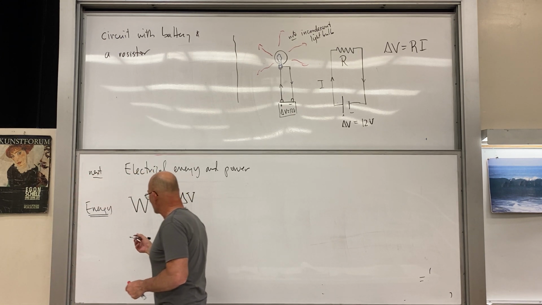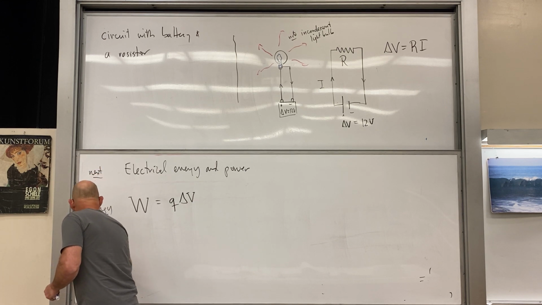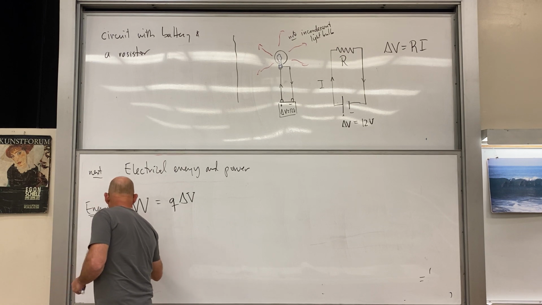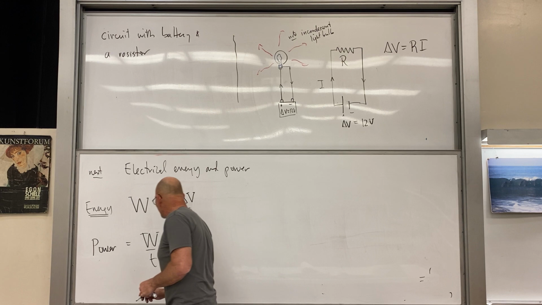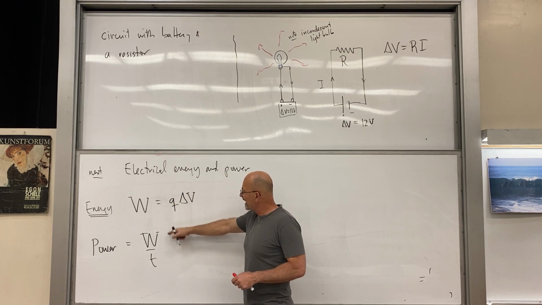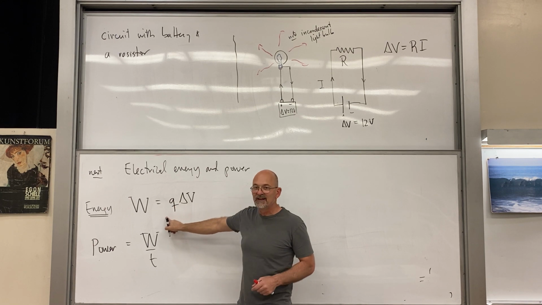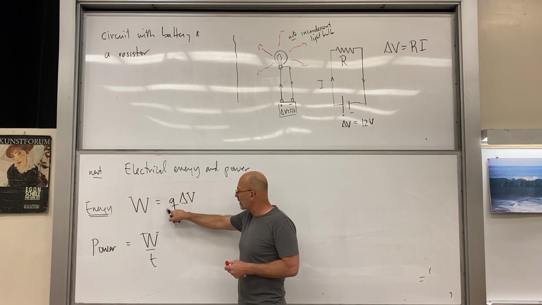And what about power? Well, power we know is work over time. Okay. So if I just divide this by time, I'm going to have Q over T, which is charge per time, which is current. Okay.